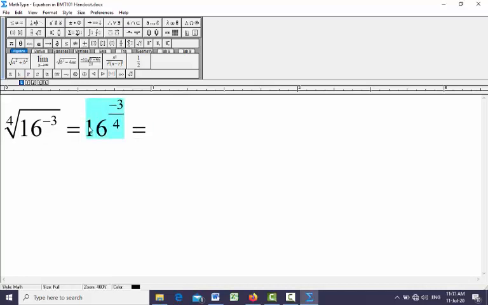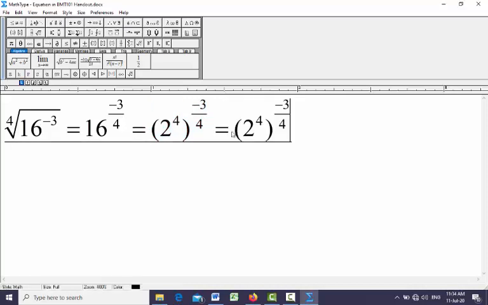So this 16, instead of 16 we can write 2 power 4. So what we will have? We will have 2 power 4 inside the bracket, and outside the bracket we have power minus 3 by 4.